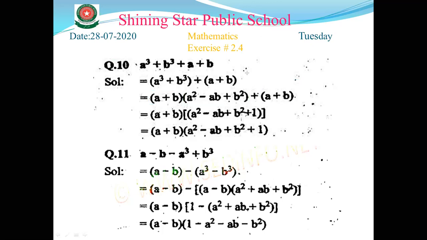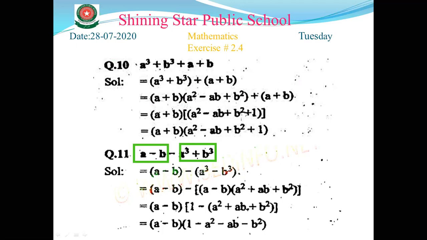Now, next, a minus b minus a³ minus b³. Okay, first of all we combine the similar terms, these two, and from these two terms we have to take the common minus 1.